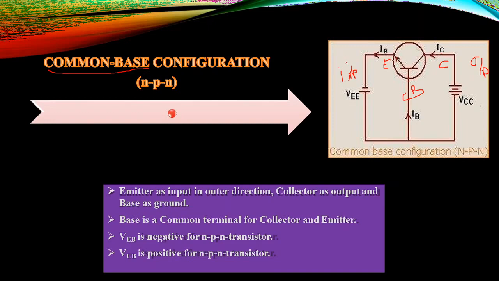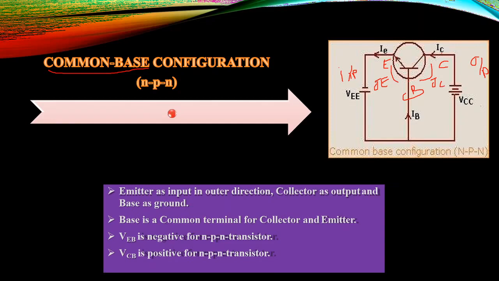In the previous lectures we already discussed that the PN junction between emitter and base is called the JE junction, and base to collector is called the JC junction.